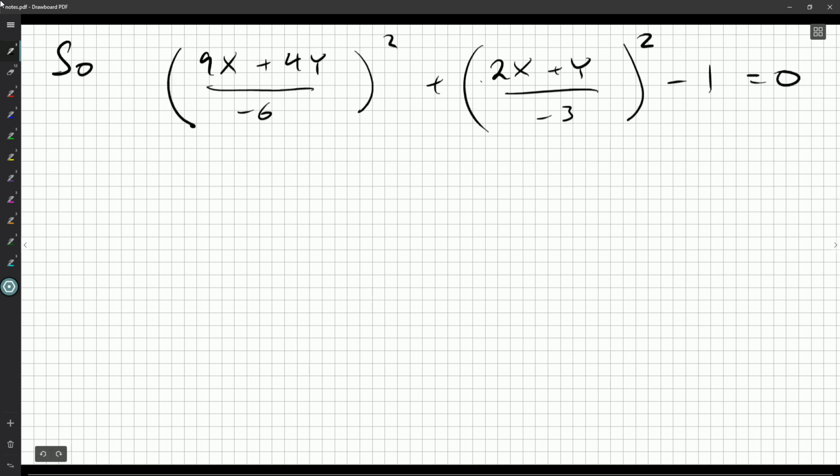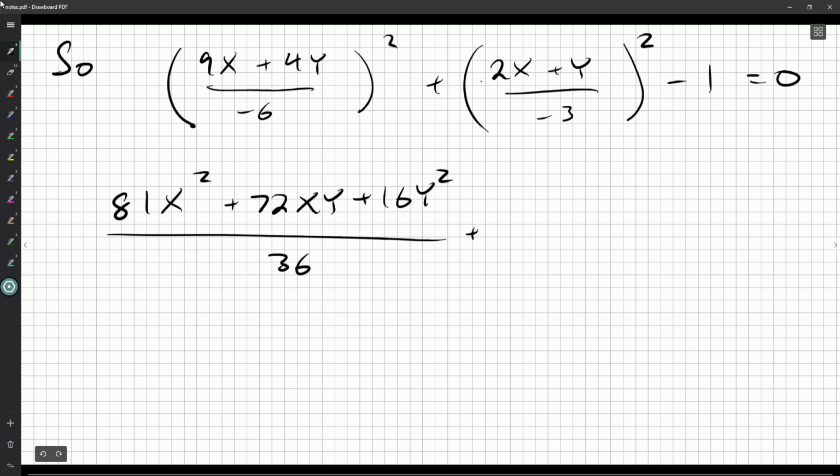So I think we should probably clean this up a little bit more. So I'll say 81 capital X squared plus 72XY plus 16Y squared all over 36, plus 4X squared plus 4XY plus Y squared all over 9, minus 1. Multiply everything by 36.